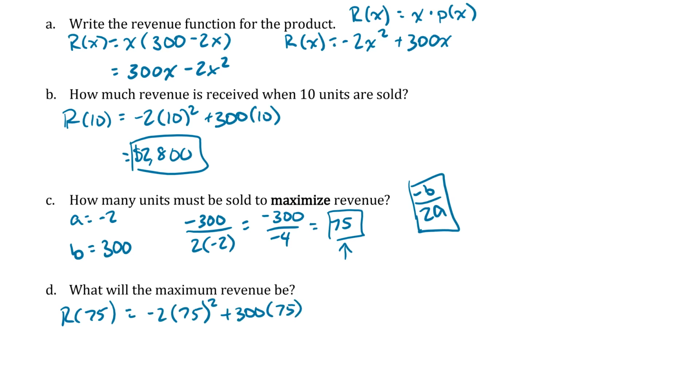Plug that in your calculator, and you should get 11,250. That would be the maximum revenue you can make by selling those 75 units.